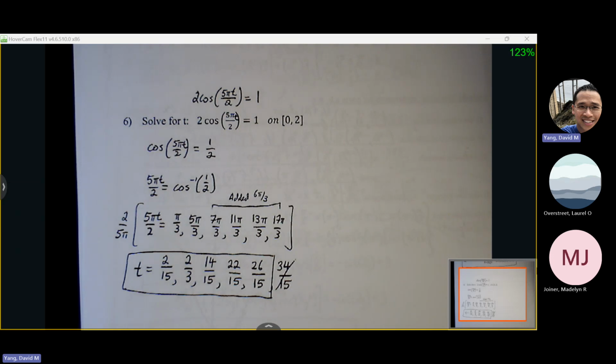I multiply by the reciprocal through everything, and I'm just looking for my resulting values to live between 0 and 2. Anything that's between 0 and 2, I keep. Anything that's outside, once I go past 2, I can stop. Let me know if you have any individual questions for me.